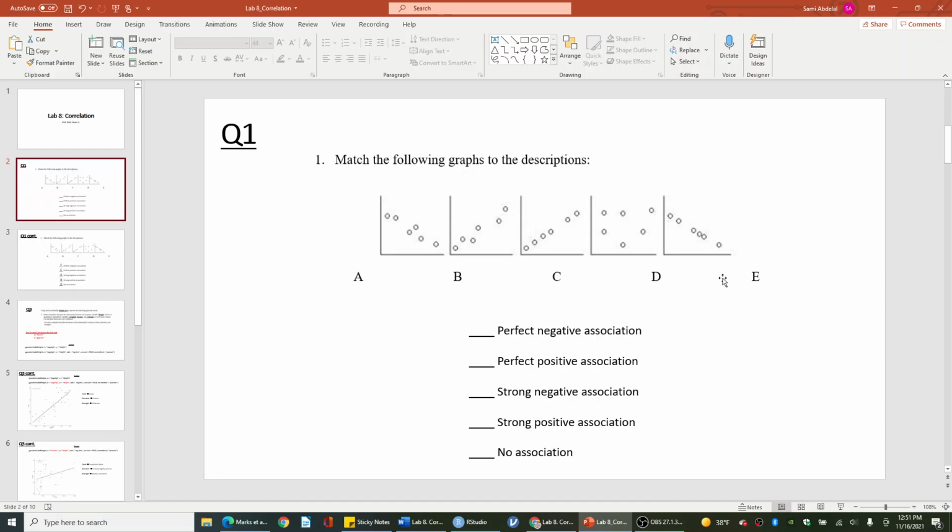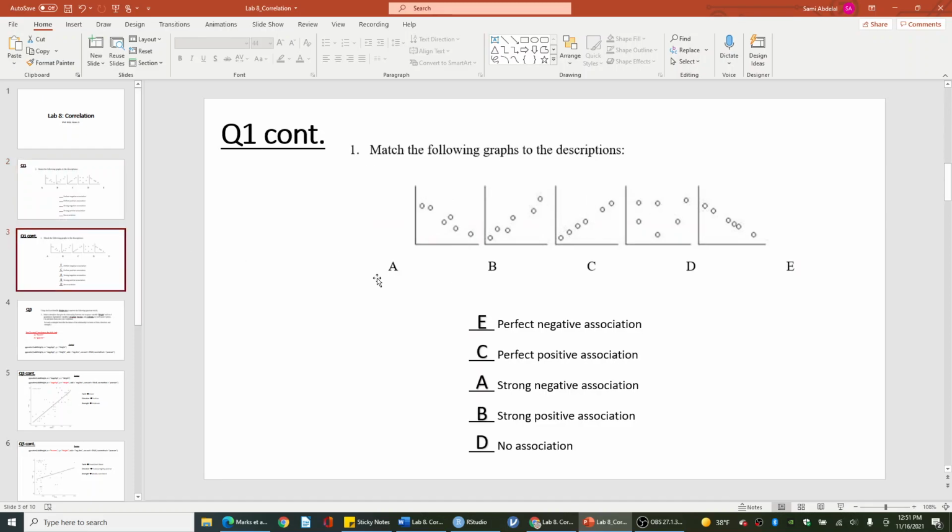There's also no association, which you can see right here on the bottom. So when you look at these graphs, I know I gave you the answers here, but try and consider why these are the way they are. E is considered a perfect negative association because of the form of the data. So it's linear.